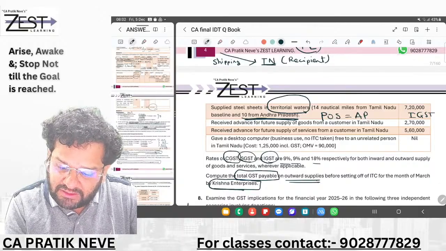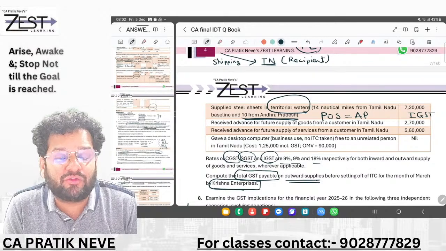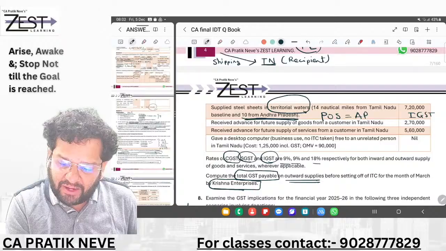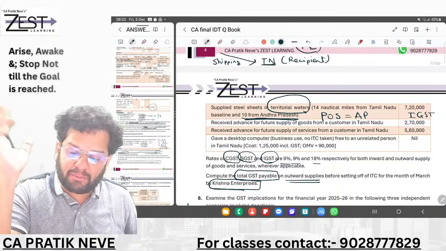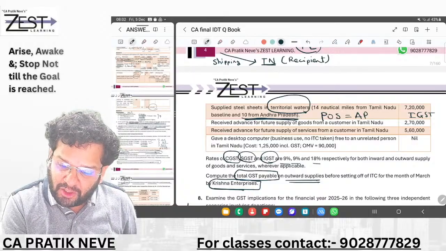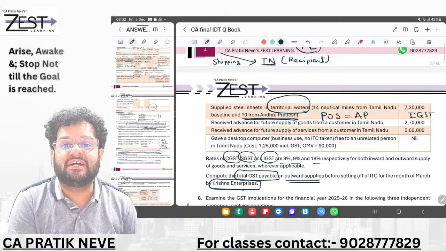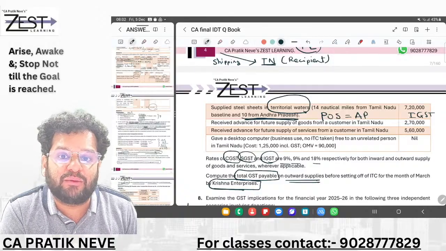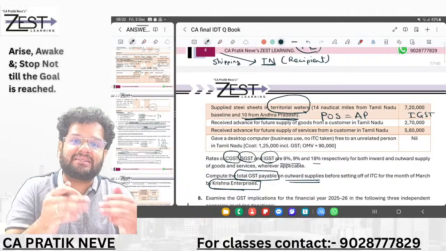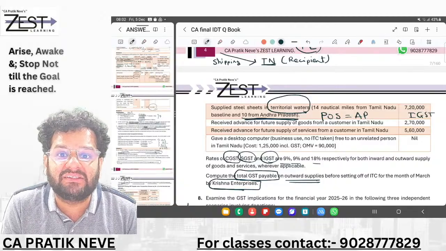Received advance. Very amazing question, because time of supply concepts are also coming into picture. Received advance for future supply of goods. So friends, we discussed that for goods, time of supply is the date of issue of invoice, or the last date when invoice is supposed to be issued, whichever is earlier.